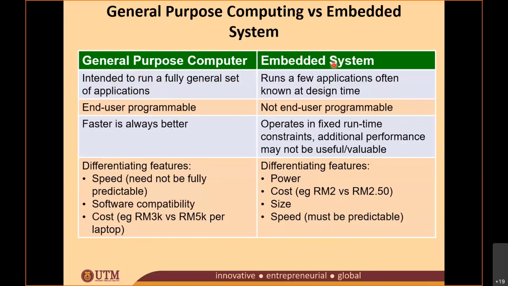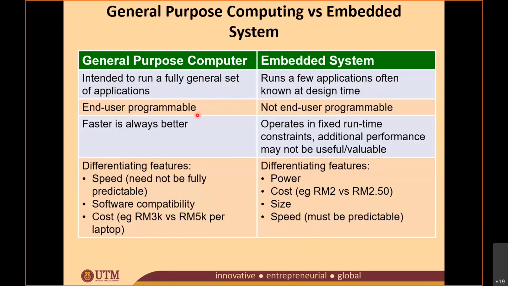But the embedded system can only run a few applications, often known at design time. So for the embedded system, you cannot add another feature in order to do a new application. That is the difference between a general purpose computer and an embedded system. The computer is end user programmable.